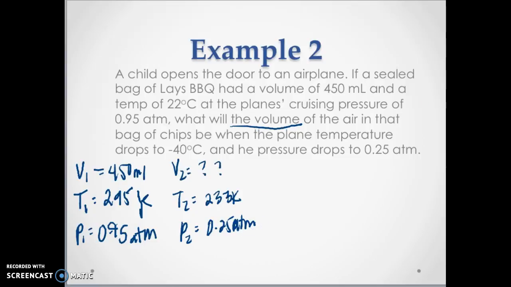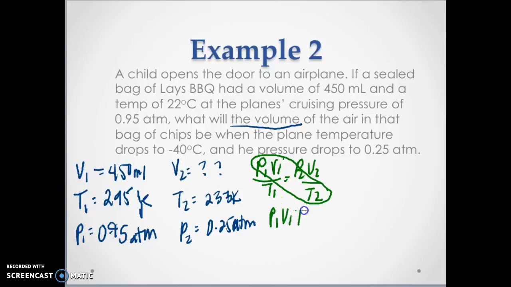So now what we're going to do is write our formula down. Our formula is P1 V1 over T1 equals P2 V2 over T2. And again, we're going to cross multiply. So start with this side.